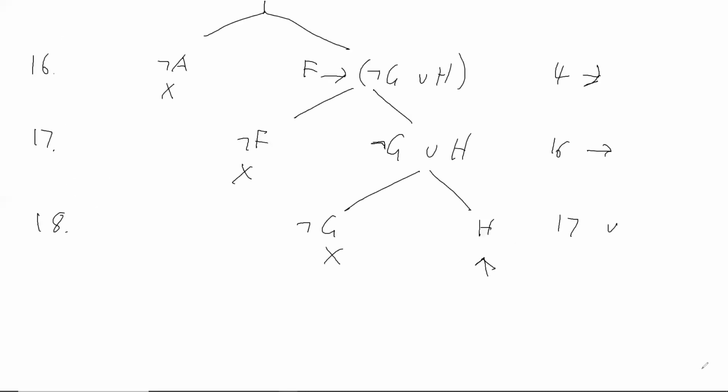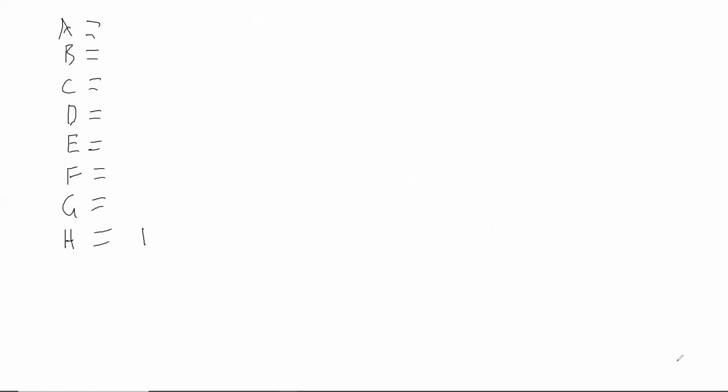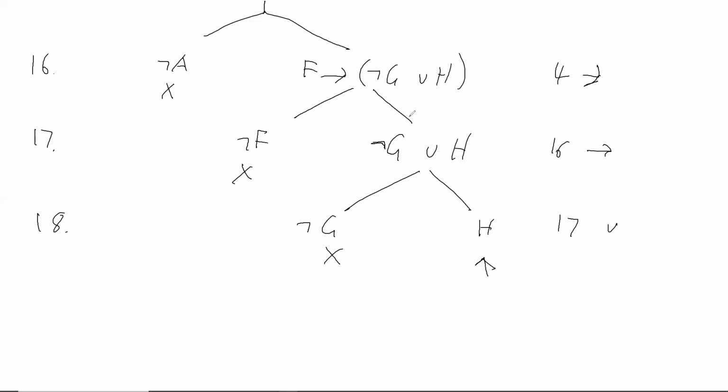And so we just want to find out what values these letters should be assigned based on the tree. So right, we have H on this open branch. That means we say that H is true. Keep going further back.